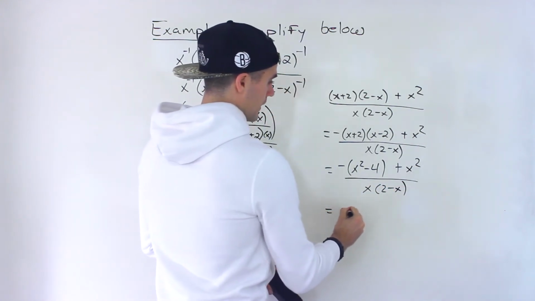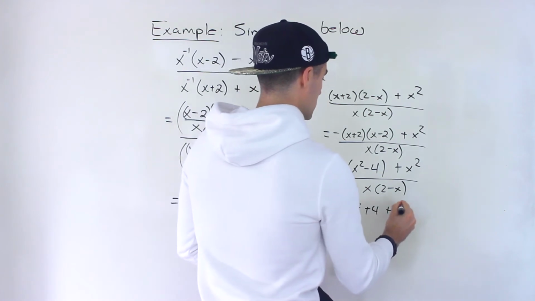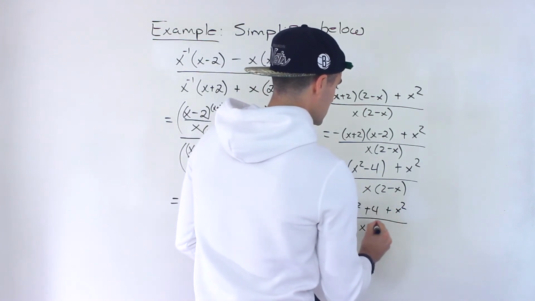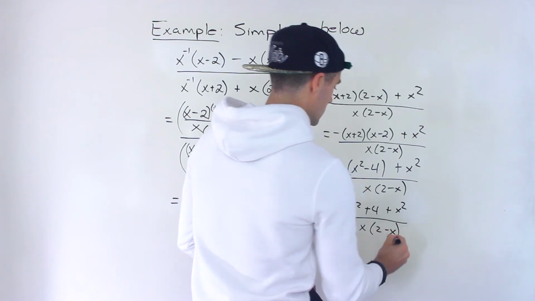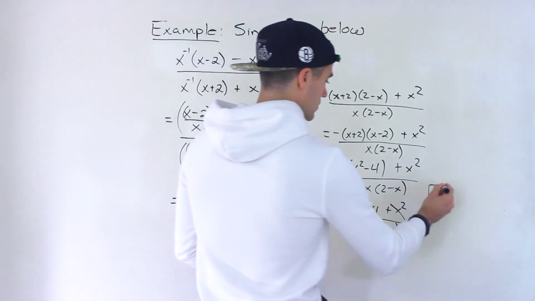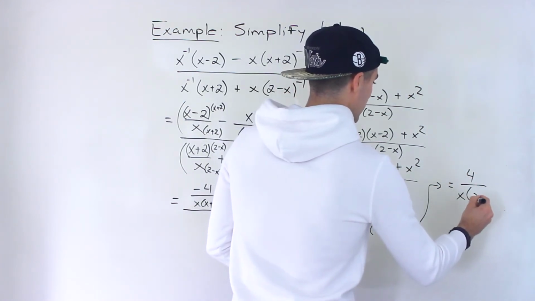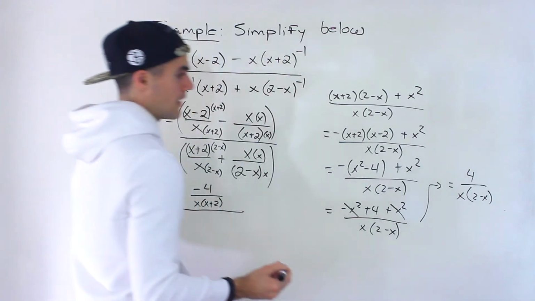And then we'd end up with negative x squared plus 4, plus x squared all over x times 2 minus x. And then notice the x squares would cancel out. So we'd end up with 4 over x bracket 2 minus x like that.